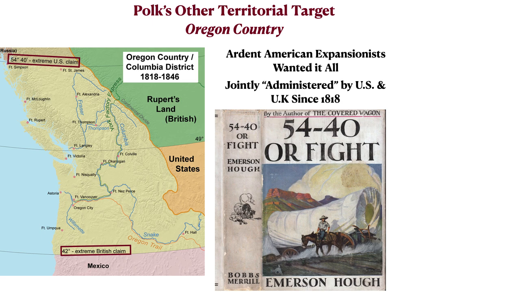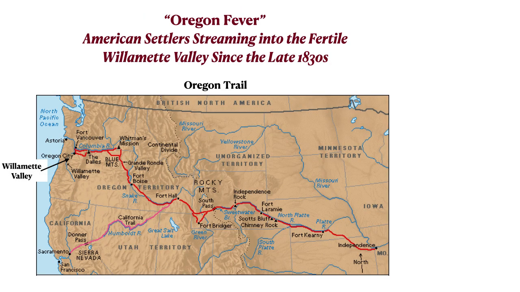So this was an issue, and it was intensifying because American settlers were streaming into the fertile Willamette Valley of Oregon. That starts in the late 1830s. It really intensifies in the early 1840s. So the Oregon Trail, which you can see on this map, had been established between, say, what is now western Nebraska and the Willamette Valley.